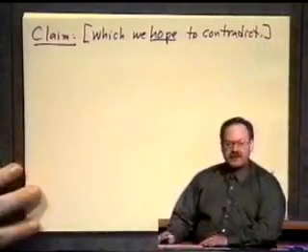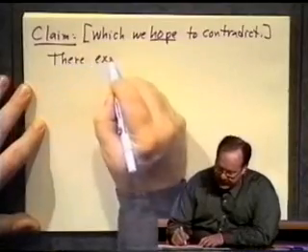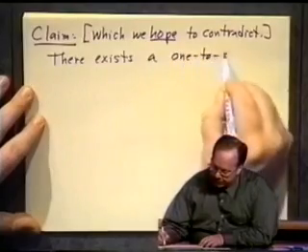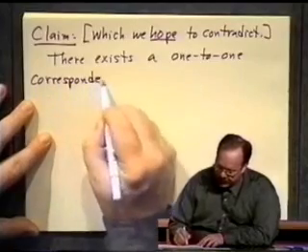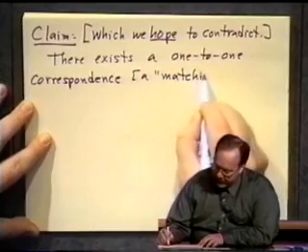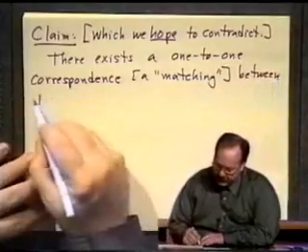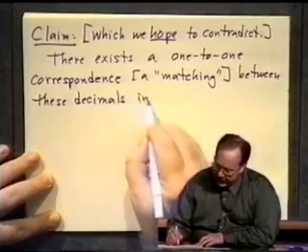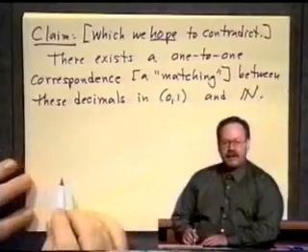Okay, I'm going to set this up and then knock it down. Here's the claim. The claim is there exists somewhere, somehow, a one-to-one correspondence, which, if you like, you may call a matching, as long as you know what it means, between these decimals that we just saw, these decimals in the open interval (0, 1), and ℕ, all of ℕ.